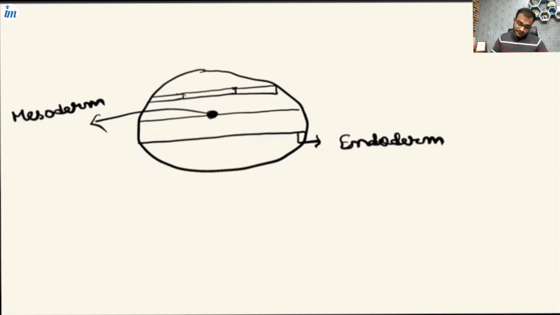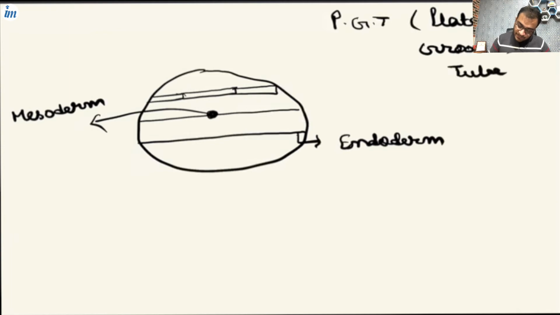Now in the ectoderm, we need to know the mnemonic PGT: P for plate, then groove, and then tube.